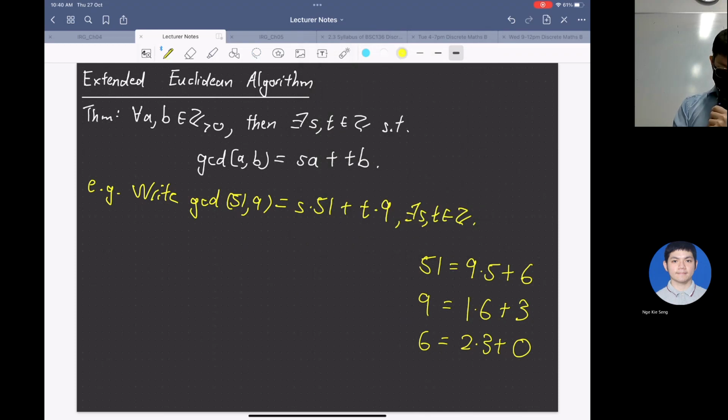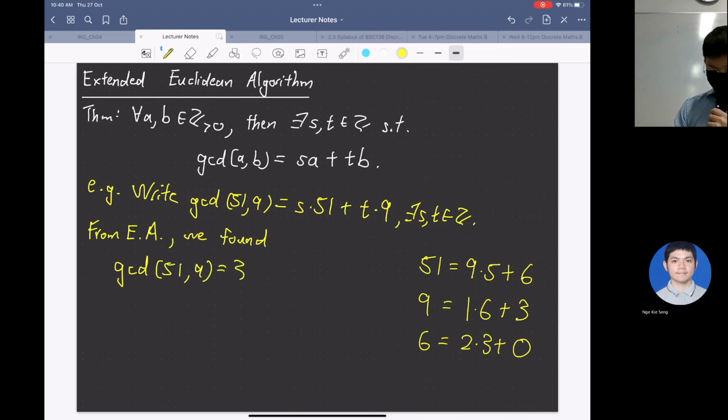So from the Euclidean algorithm, we found that the GCD of 51 and 9 is 3. Okay. So how to express it back in terms of 51 and 9? You can use the backward. So 3 is equal to what? 3 is equal to 9 minus 1 times 6.